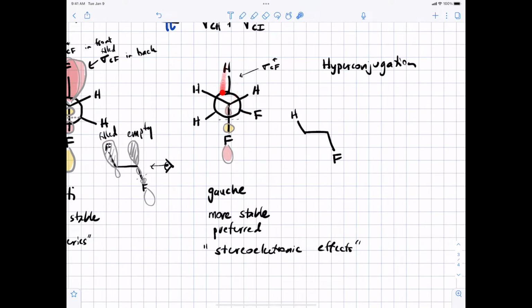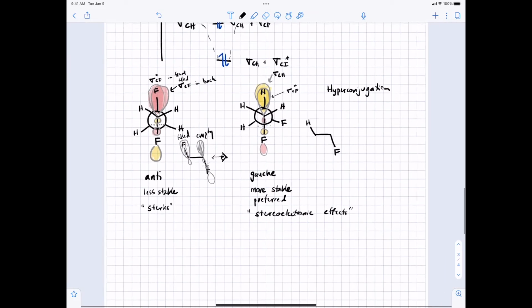So just imagine it's a carbon-hydrogen bond, right? Here's the carbon-hydrogen sigma bonding orbital in the back. Here is that large lobe of the carbon-fluorine sigma star in the front. So what's in the back here is a sigma CH bond.